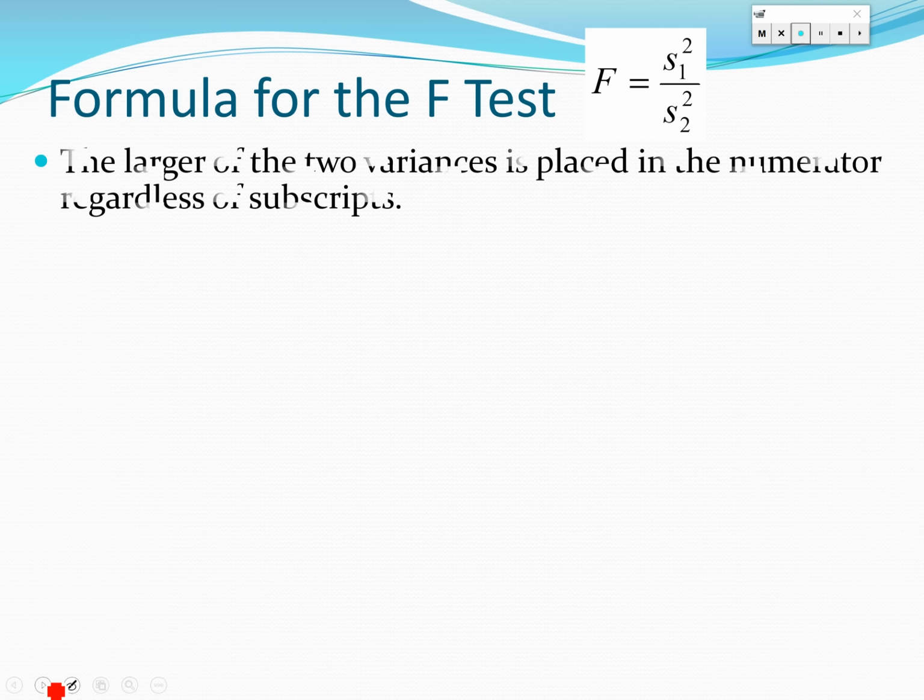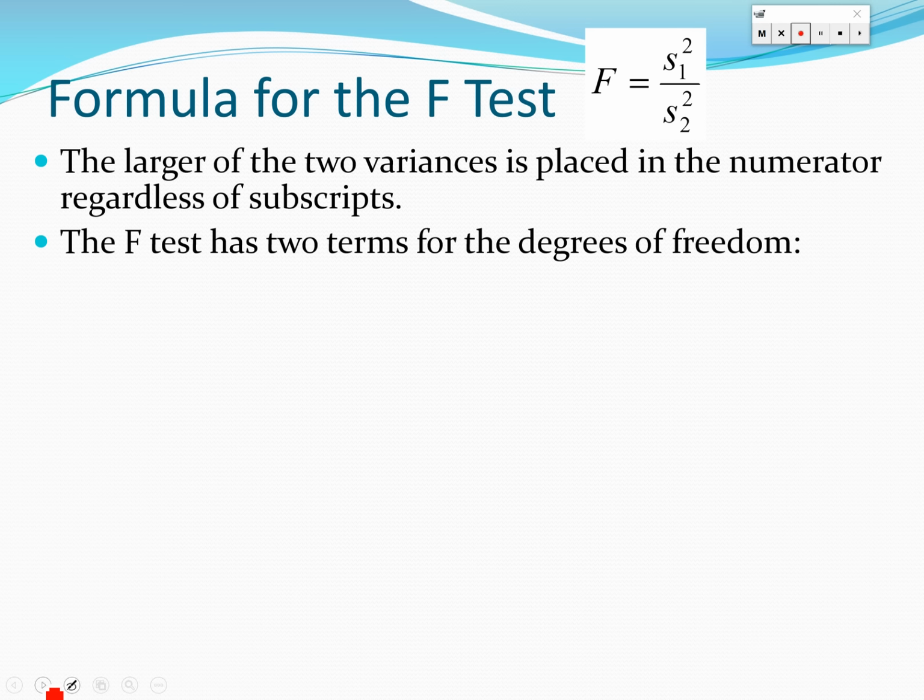We saw that last unit. The larger of the two variances, and this is very important for us, the larger of the two variances is placed in the numerator, regardless of subscripts. The F test, we already talked about this, has two terms for the degrees of freedom. The numerator, we take our sample size minus 1.